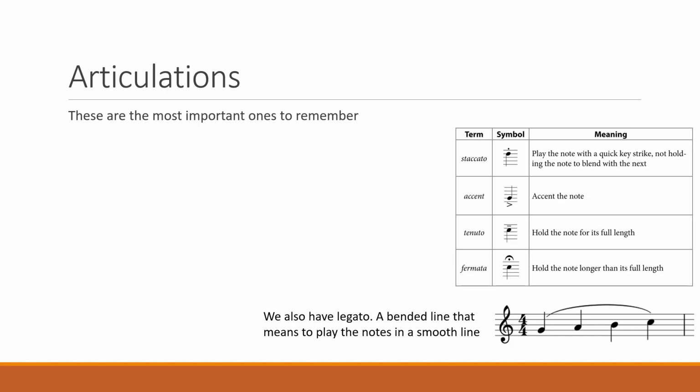And then we have legato, which is a bended line. That means to play the notes in a smooth line. With smooth line, I mean within one breath, or smoothly together. Or if you are playing a string instrument like a violin, you will do it in one stroke, one up or down stroke.